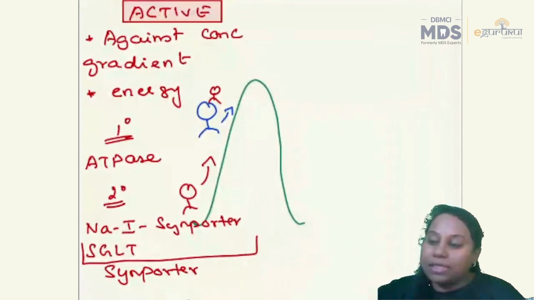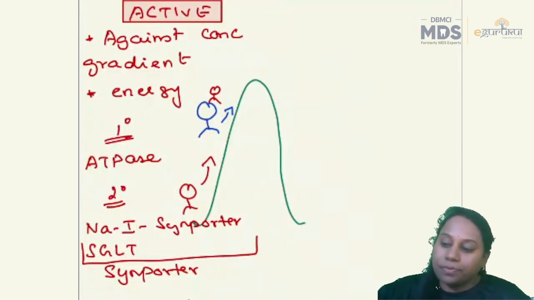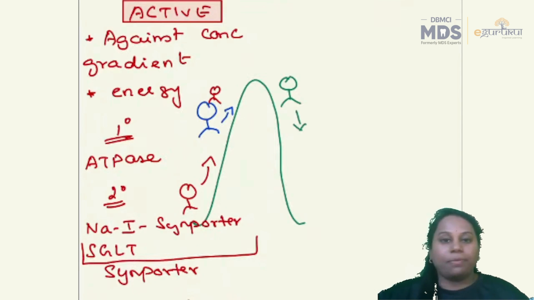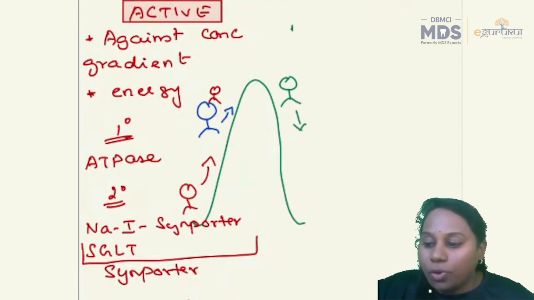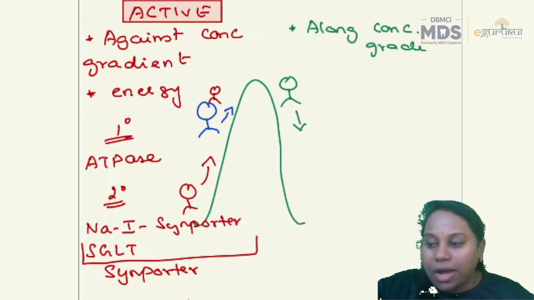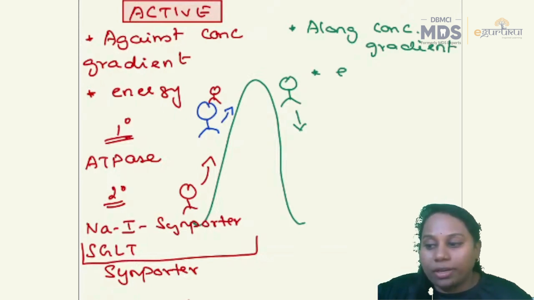What about passive transport? In passive transport, you are already on top of the mountain. You just want to come down. Now you are moving along the concentration gradient, from high to low, coming from up to down. Do you need energy? No energy is required.